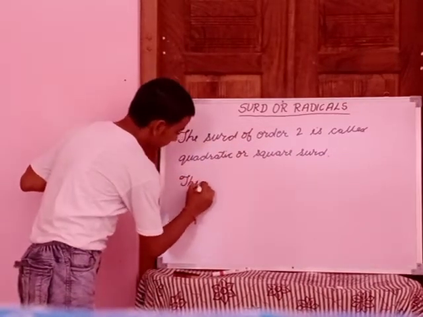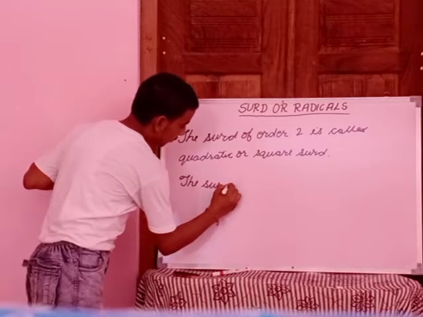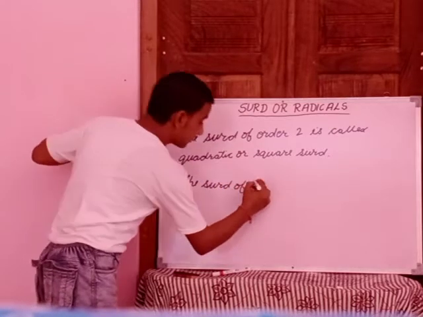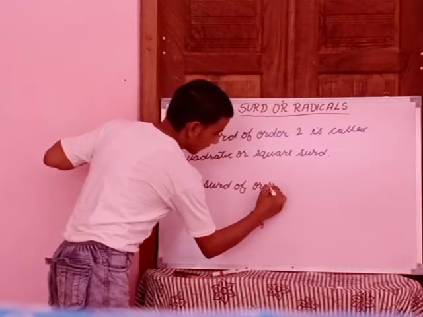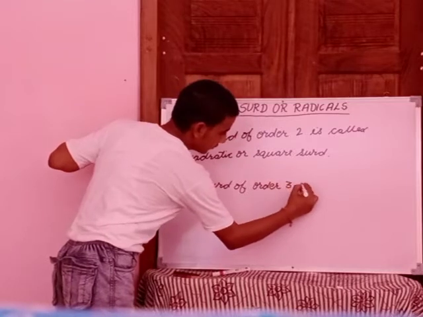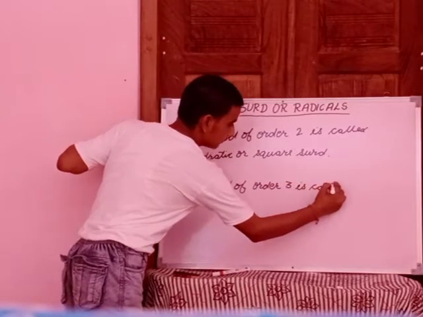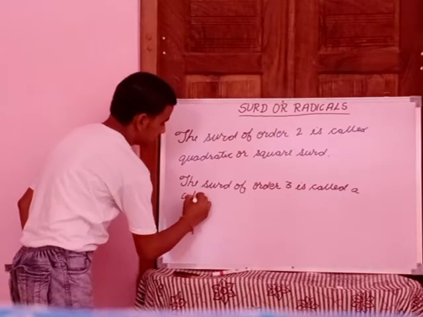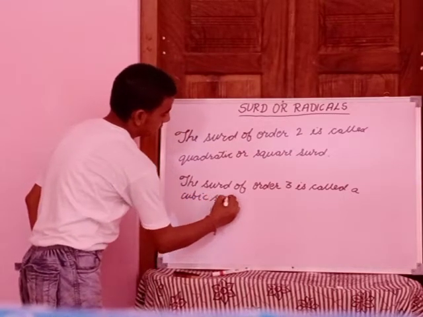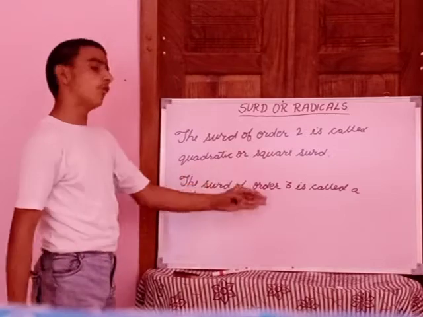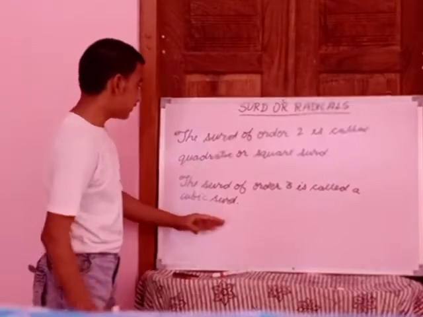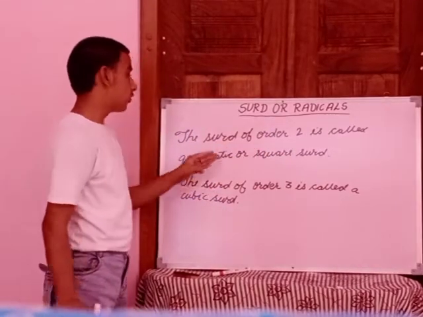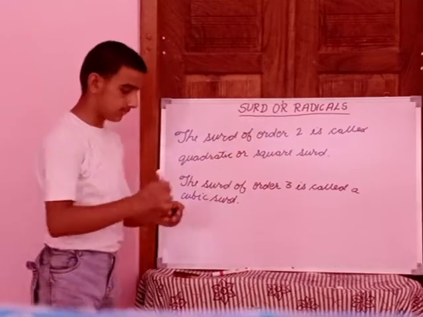The surd of order 3 is called a cubic surd. To repeat, the surd of order 2 is called a quadratic or square surd.